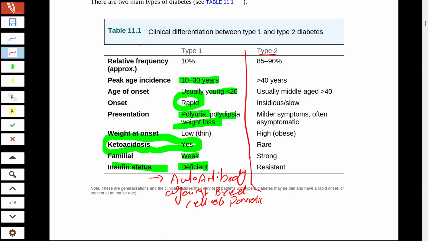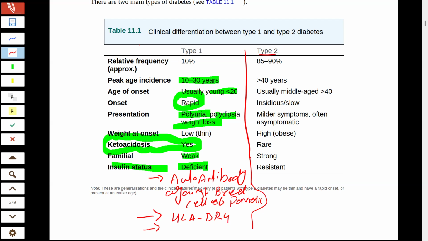So this is just the basic pathophysiology of type 1 diabetes mellitus, and there is an association of type 1 diabetes with HLA-DR4.